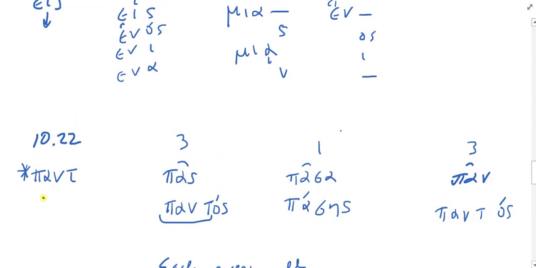Pas, we just saw this in our reading in Ephesians 4, the actual stem is pant for the masculine and the neuter third declension forms. The stem that's used for the feminine is not a third declension stem. It's pasa, pasa. And so there we actually see the alpha stem vowel, which makes it first declension, right? Here, this one ends with consonants. That makes it third declension. So this follows a 3-1-3 pattern.